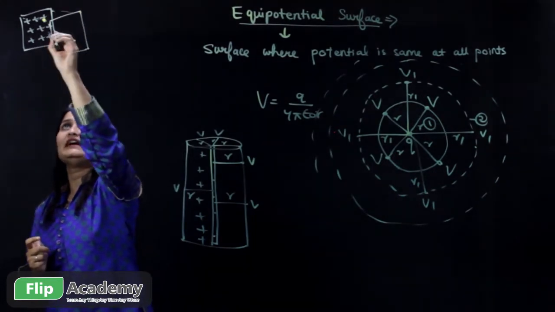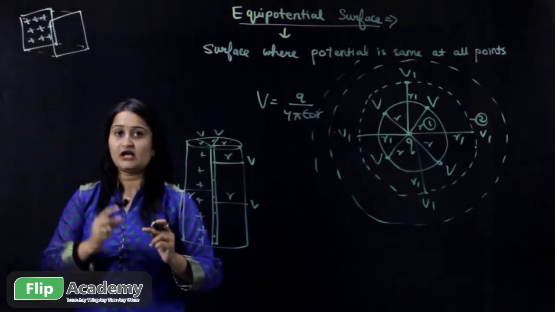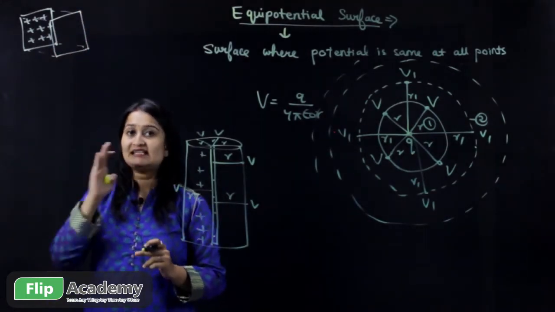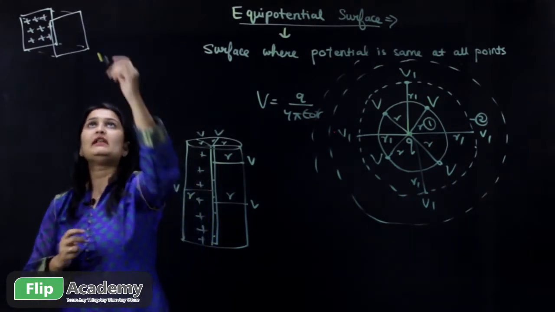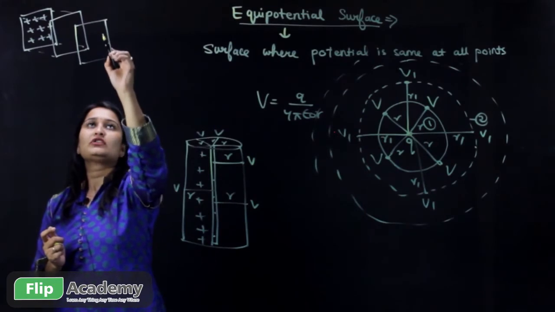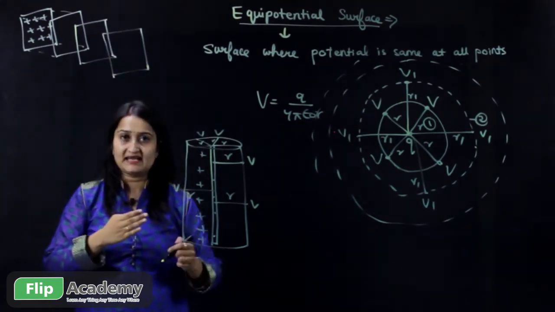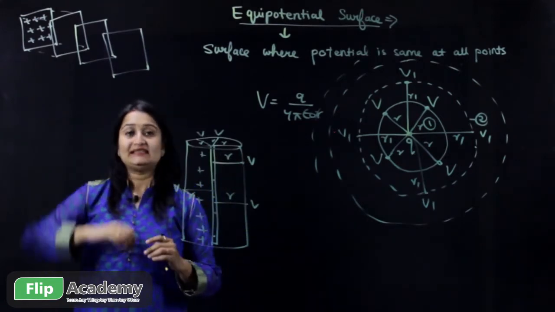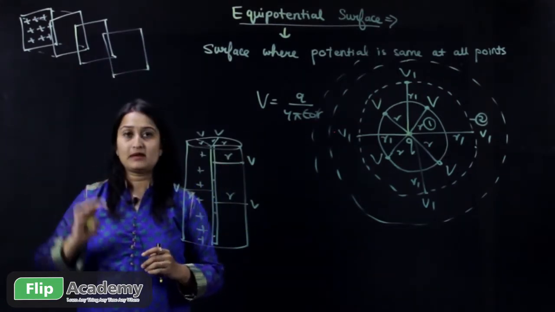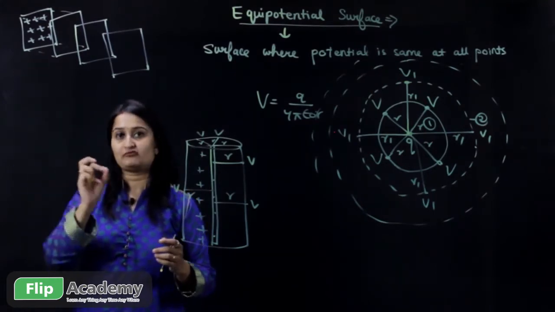You can see here that this sheet which is placed in front of the sheet of charge is considered as the equipotential surface. Similarly, if we are going to place 1, 2, 3 and many more sheets of charges parallel to each other, in that condition they all become an equipotential surface for this sheet of charge.